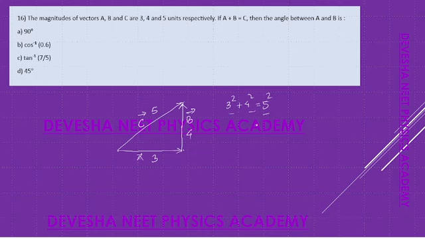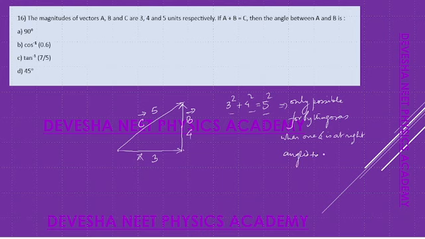So this is only possible for Pythagoras when one angle is at a right angle to the other. So this is a right angle here, equal to 90 degrees.